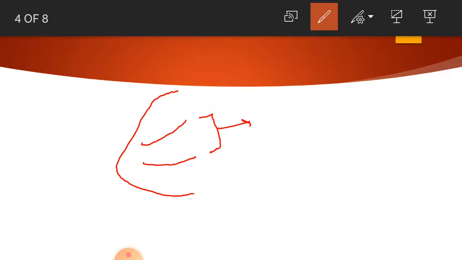I will try to draw the structure of the breast here so that it gets easier for you to understand. I said that there will be a segment or a lobe within the breast. So this will be a lobe or segment.